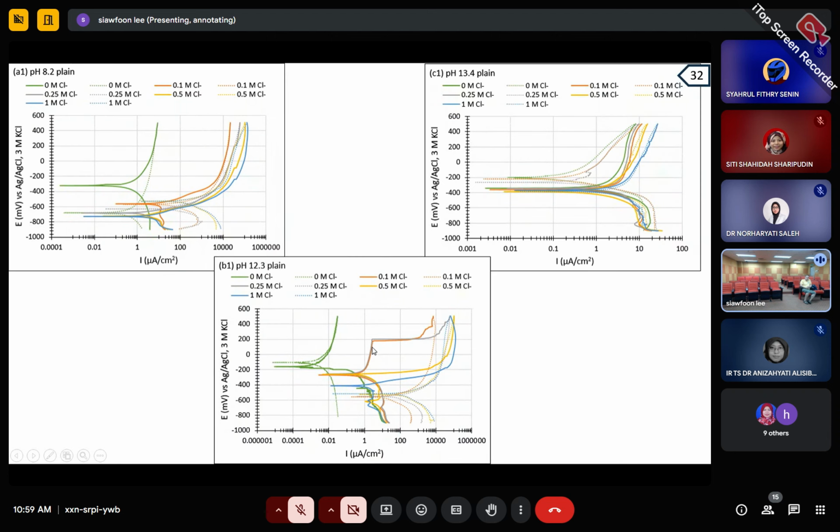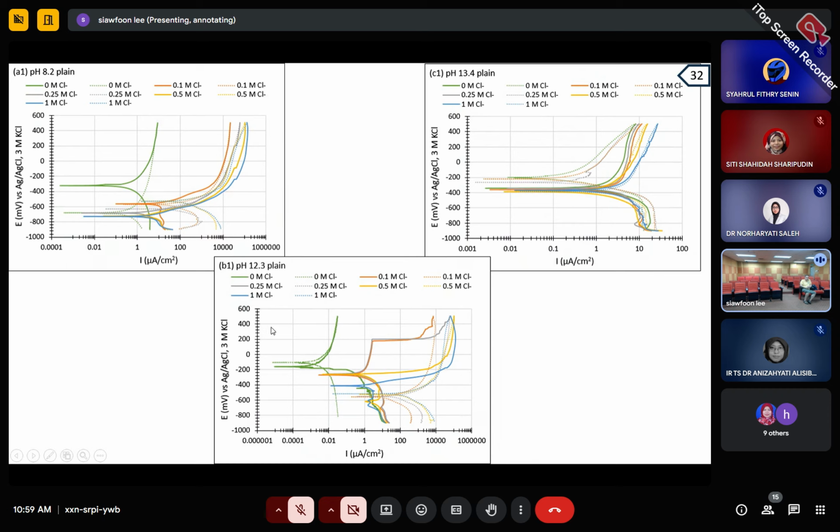Suddenly, at this potential of 200, the corrosion current increases tremendously, going to 10,100. This point is called the pitting potential.